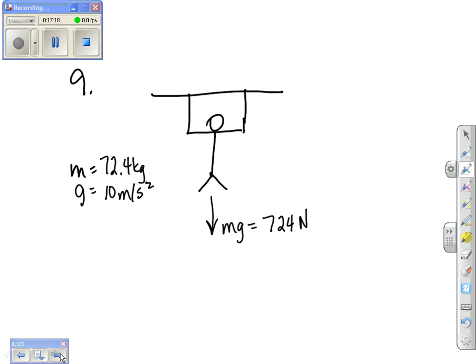So again, the arms are pulling up if gravity is pulling down. So we just take this and divide it by 2, and we should have that each arm is holding 362 newtons worth of tension to hold up that much force. All right.